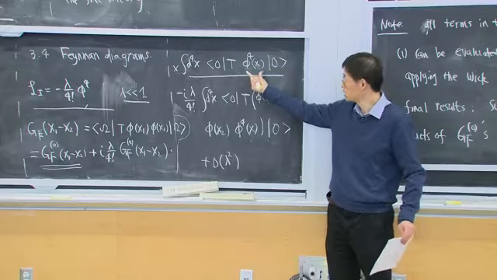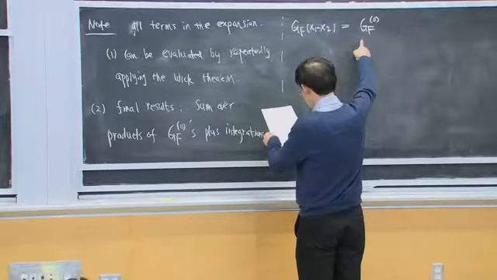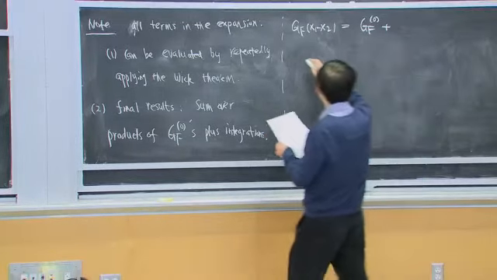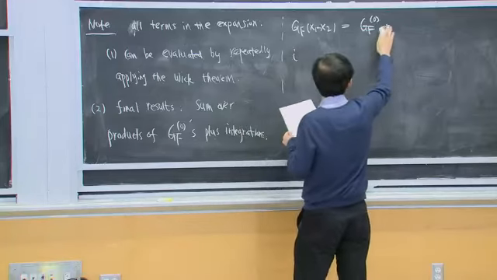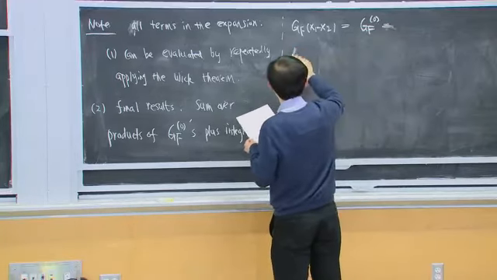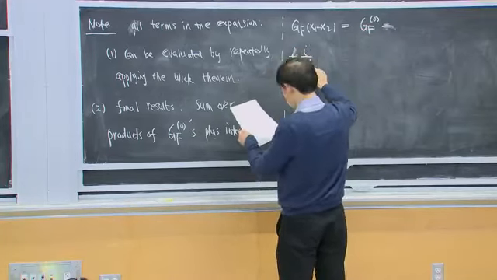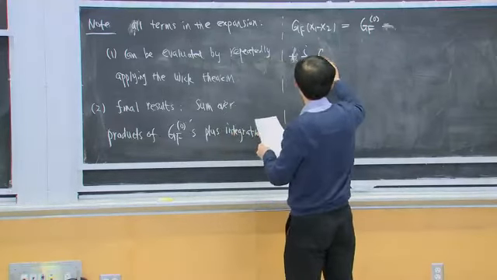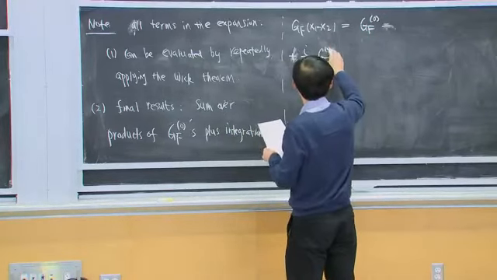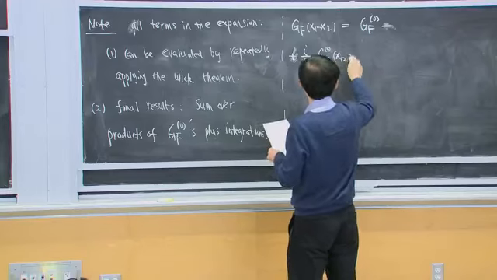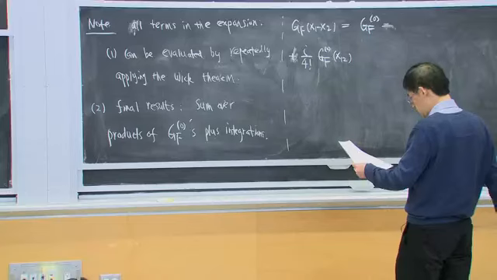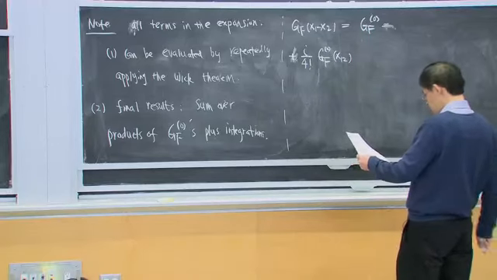So we get G_F, and the next term is i lambda over 4 factorial times G_F^0(x12). Let me use x12 to denote x1 minus x2, just to save a little effort.